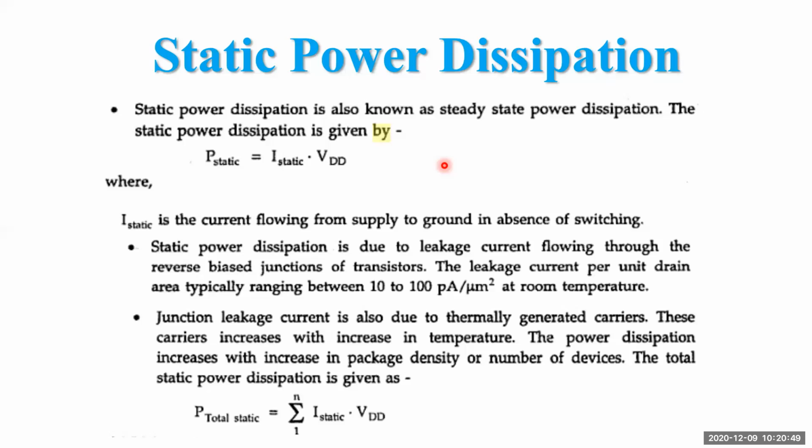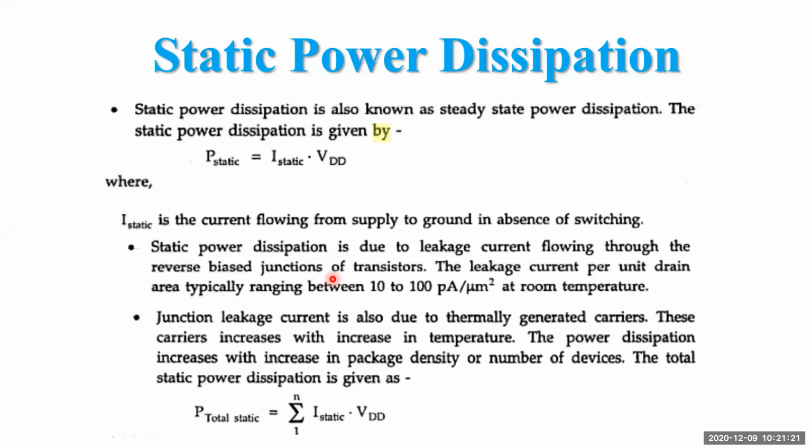The current is static because of the static nature of the charges, so we call it a static current. P is equal to V into I, the same formula, but in terms of static, I static into VDD, where I static is the current flowing from supply to ground in the absence of switching. Whenever the system is not switching, if any kind of current is flowing from supply voltage to ground, we call that kind of current a static current.